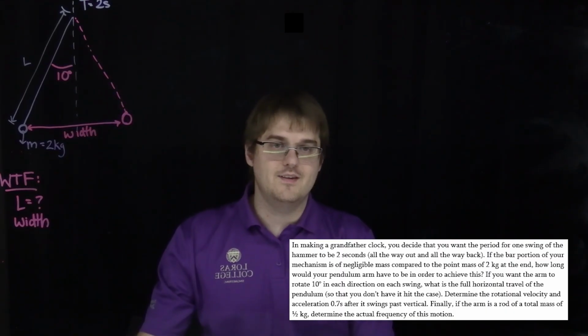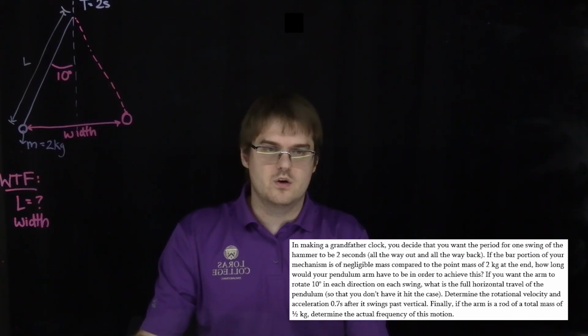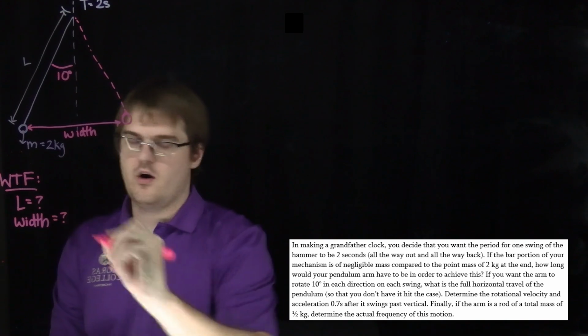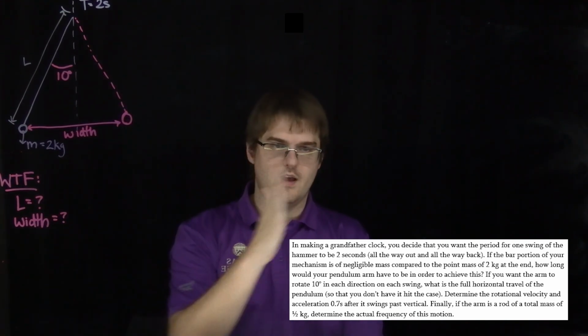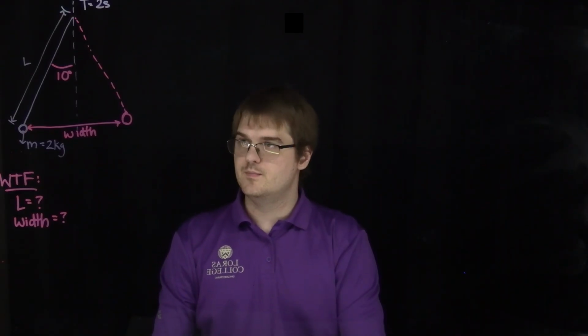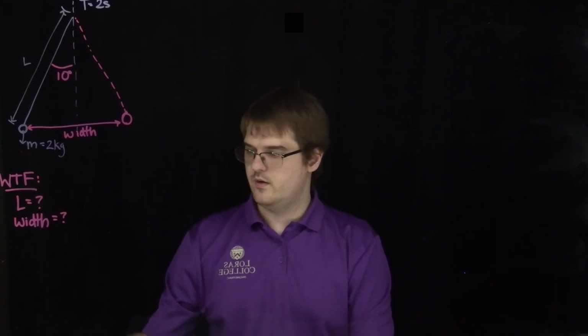And that width is going to define how big we have to make our cabinet in order to make all of this work. So we want to know what width our cabinet for our grandfather clock needs to be if we want a 10-degree swing on the grandfather clock. Okay. With that, let's go ahead and get started.